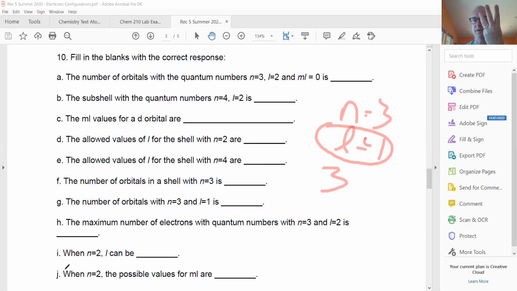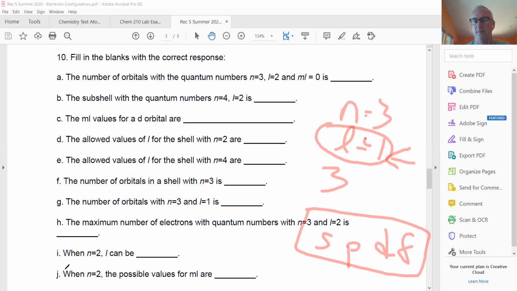Remember, it goes 0, 1, 2, 3, so it's either S, P, D, or F. P, right, because that's 0, that's 1, that's 2, that's 3.